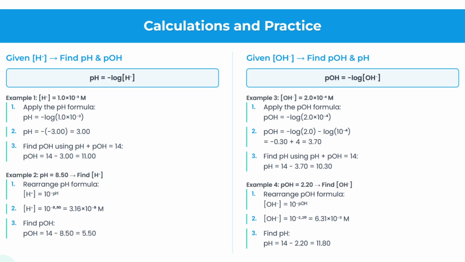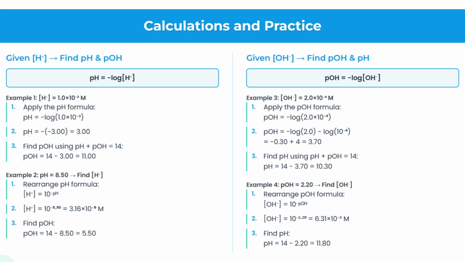We can break this down. Negative log of 2.0 is about negative 0.30, and negative log of 10 to the negative 4th is positive 4. So, negative 0.30 plus 4 equals 3.70 for the pOH. Then pH equals 14 minus 3.70, which is 11.30.